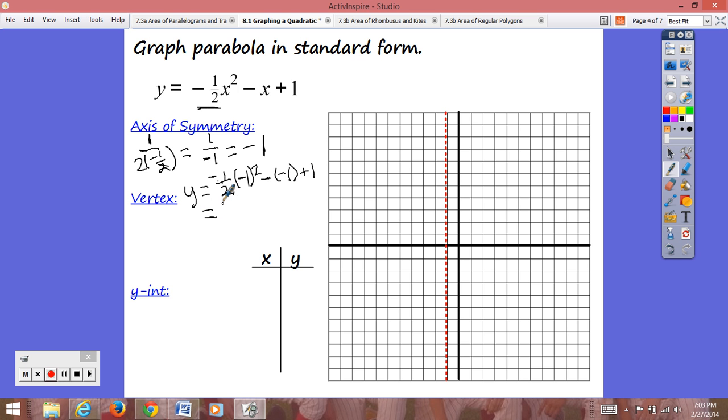It's going to equal negative 1 squared is 1, and then multiplied by negative 1 half gives us negative 1 half, plus 1, plus 1 is going to give us negative 1 half plus 2, which equals 3 halves, or 1.5.